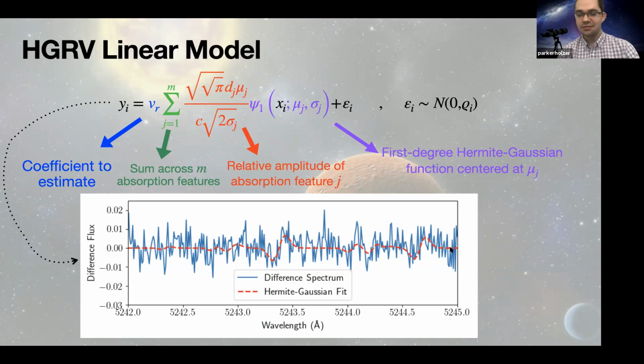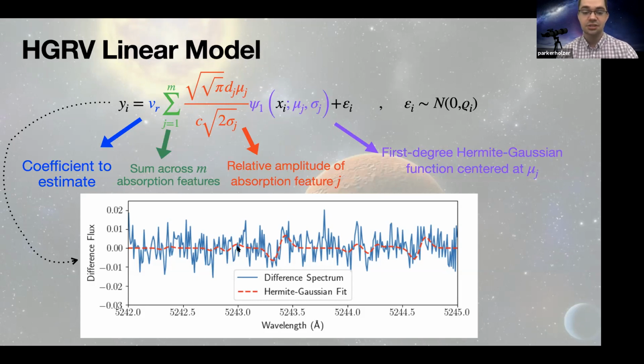And so if you look at this plot right here, you've got in dashed red this variable. It's a sum of first-degree Hermite-Gaussian functions, each with its own relative amplitude. And this is the explanatory variable, you might say, that makes the relationship linear with respect to the difference flux that's plotted in blue here.